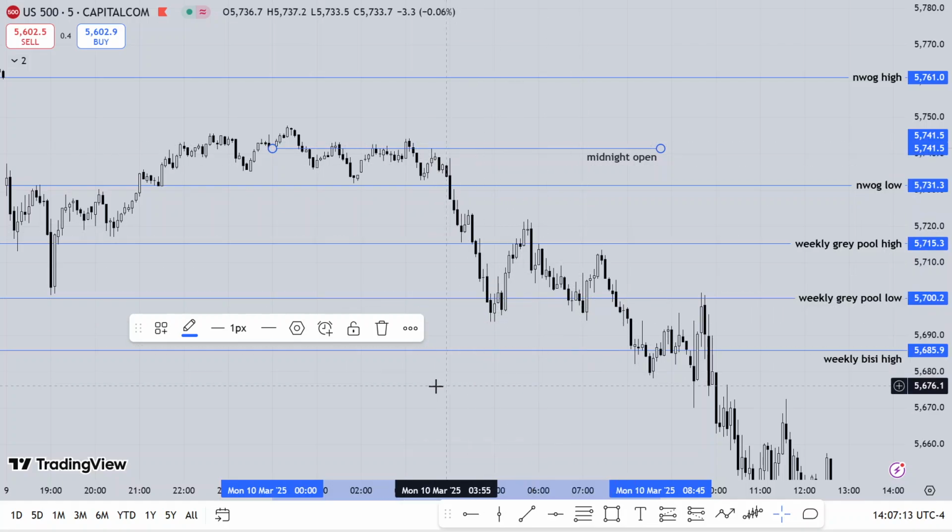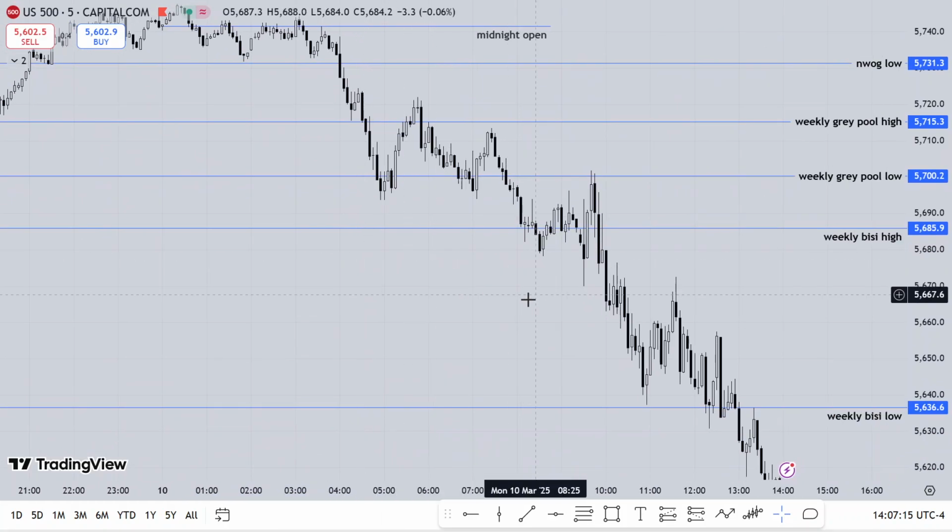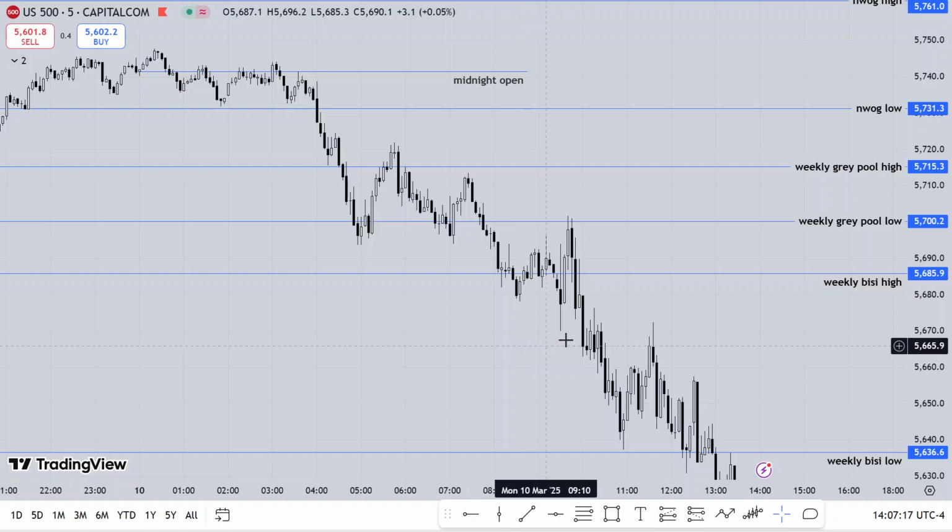Now on this note, going into the New York session, we're expecting a false rally higher to then capitalize on that false rally for our continuation for lower prices.